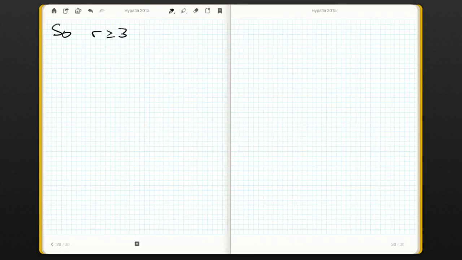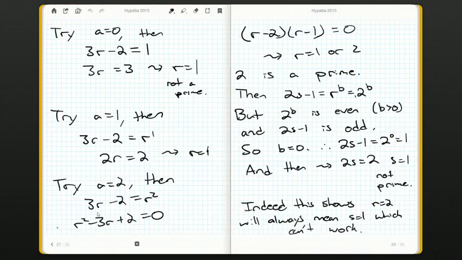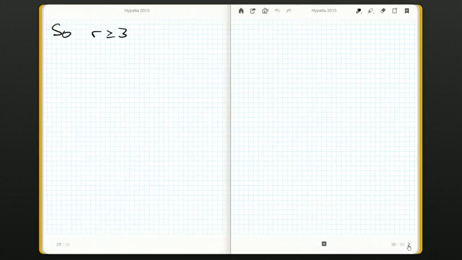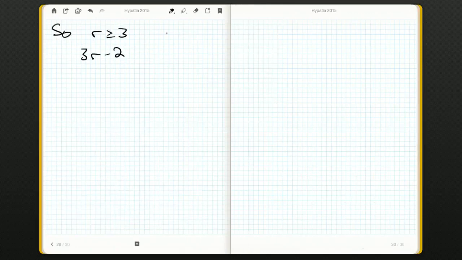Okay. So r must be a prime greater than or equal to 3. And I notice that this equation has 3r minus 2. So this 3r minus 2 is less than r squared. Let's write that out a little better.